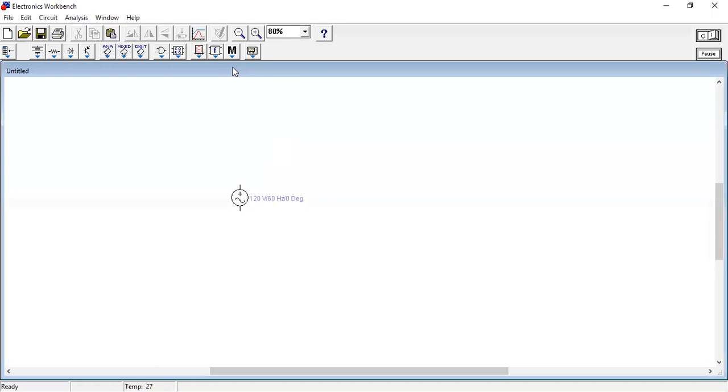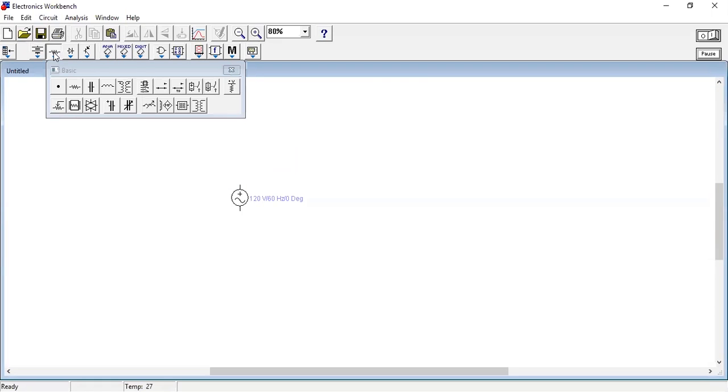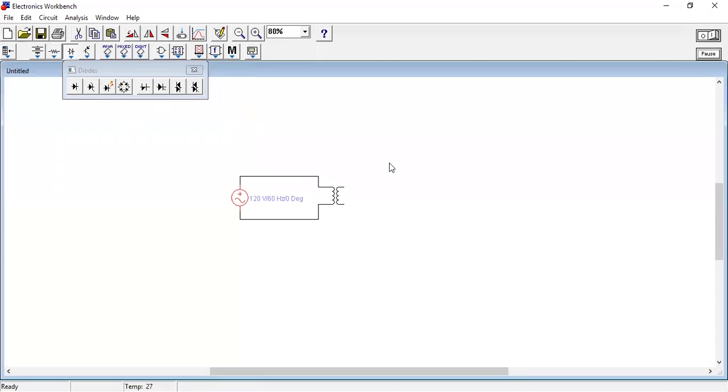Take diode 1 and connect it to the transformer, and take the resistor, rotate it and connect it with the diode. Then we want a capacitor. We can take it, rotate it and connect it in parallel to the resistor.